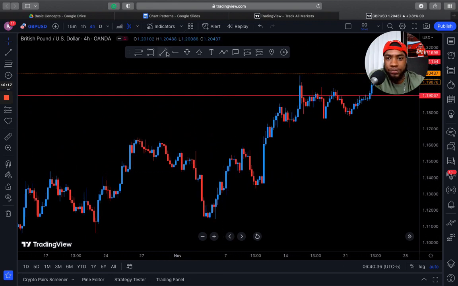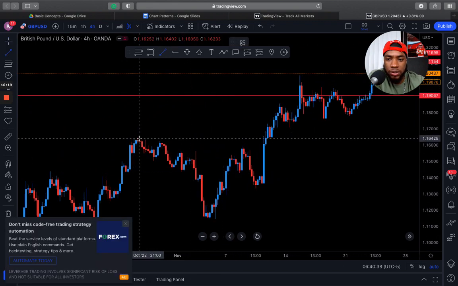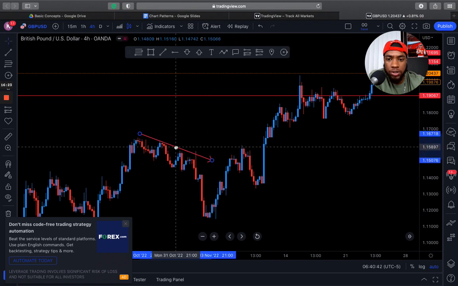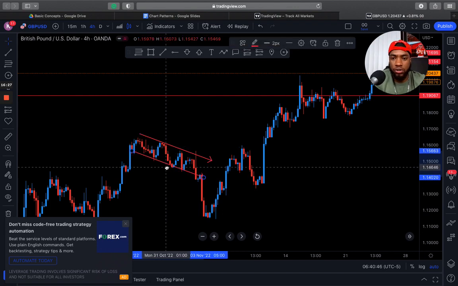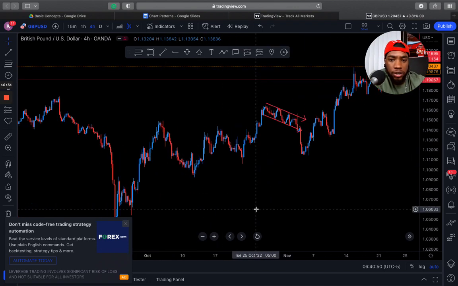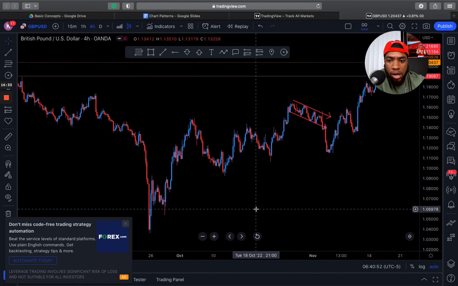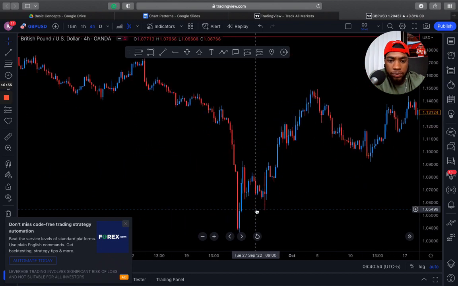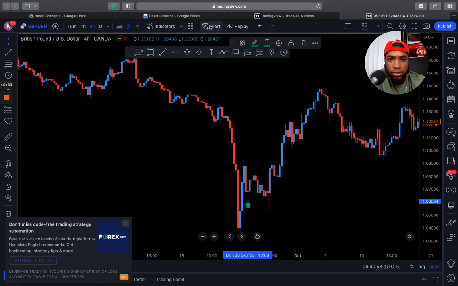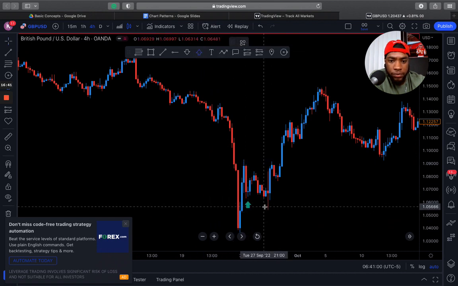Okay, so something like this is what I would consider like a little channel, a little small channel, where price is just kind of ranging back and forth between two price zones, right? So kind of have a channel there, have a double bottom here, first, second.